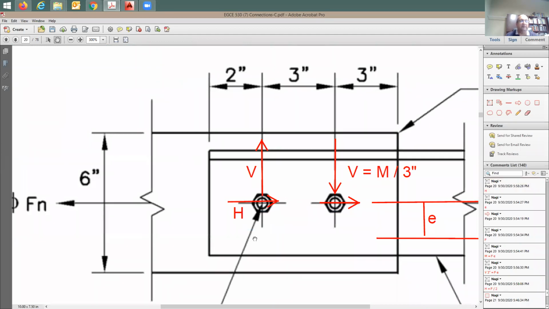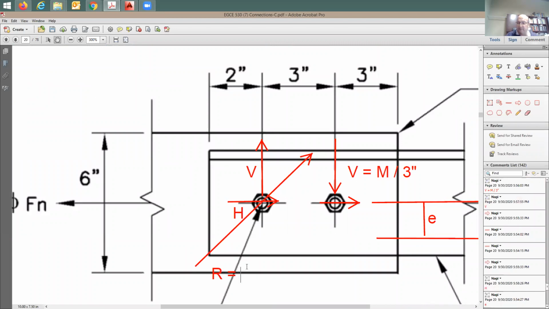So what should I do with them? When you look at the shear strength of each bolt, you need to look at the demand, and the demand in this case is going to be equal to the resultant of these 2 forces. It's going to be some force coming this way. What would you call this force? I'm going to call it R, like resultant force.